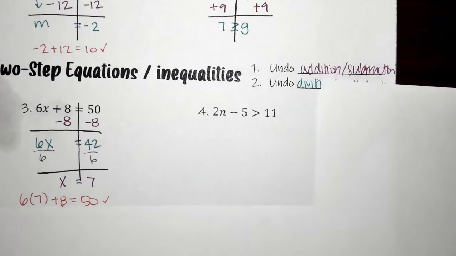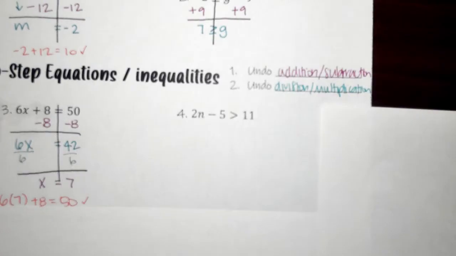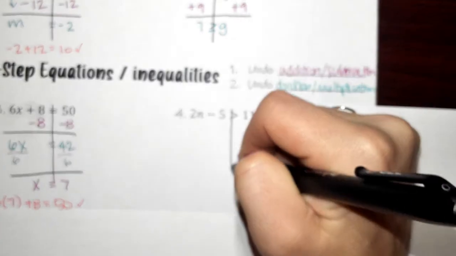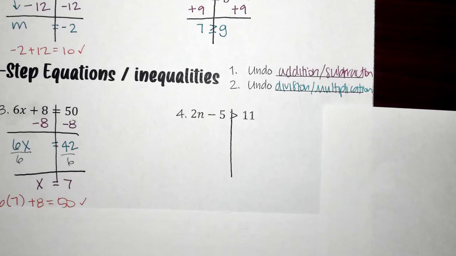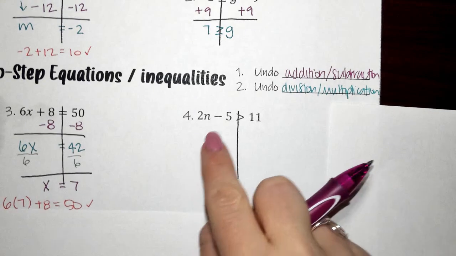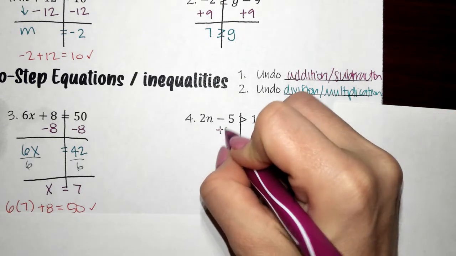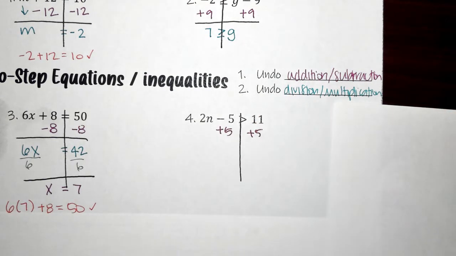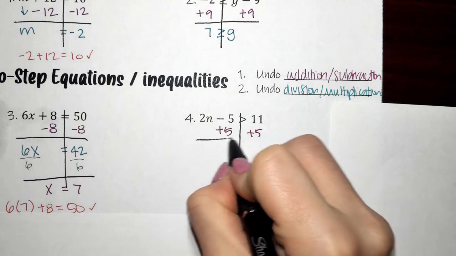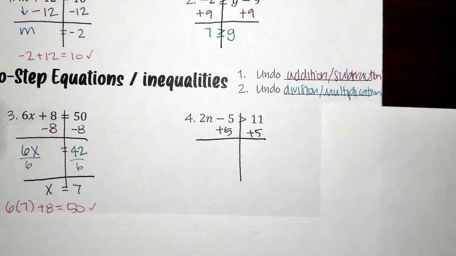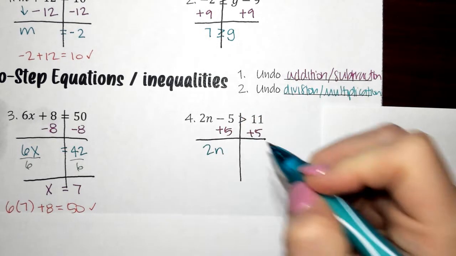Alright, this inequality, same steps, starting with what's being added or subtracted first. So this is being subtracted, so we're going to add 5 to both sides. And I am left with, on this side, 2n.